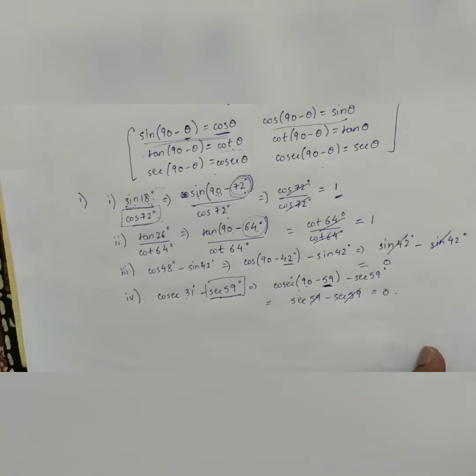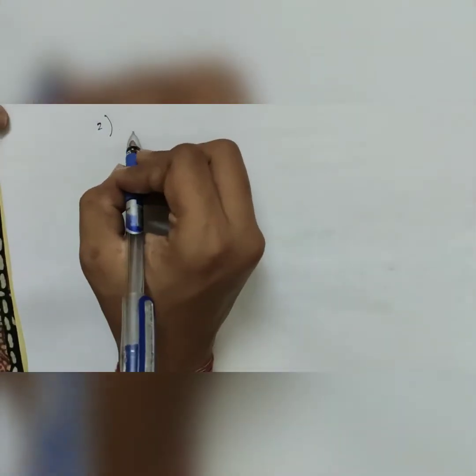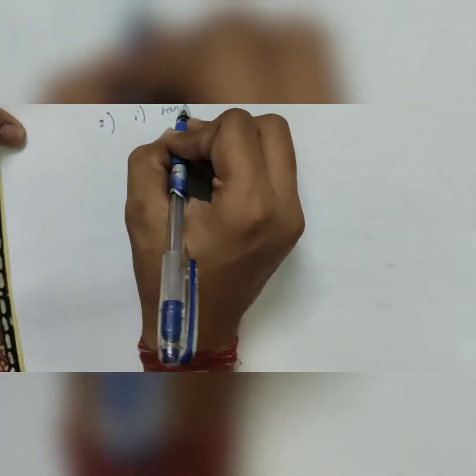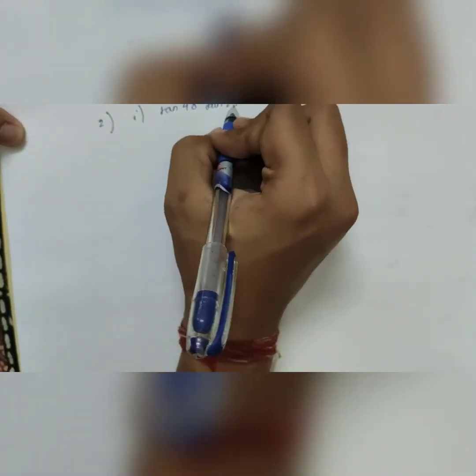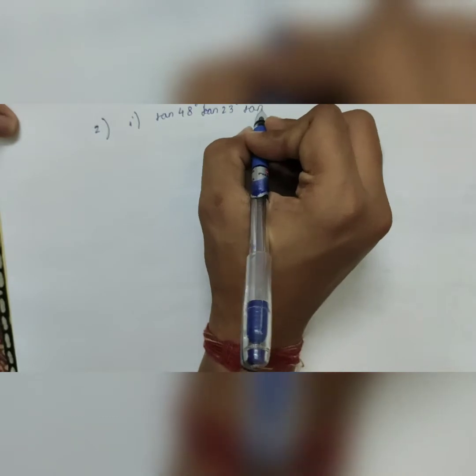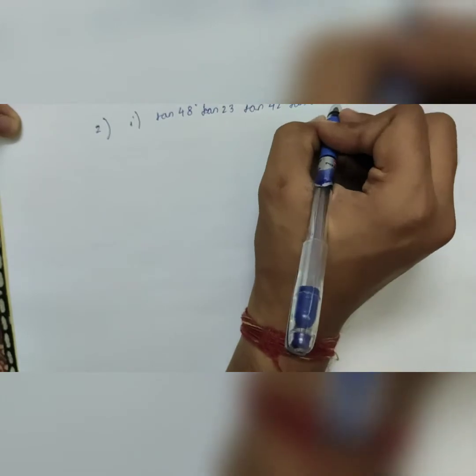So let's move on to the second question. The first part of the second question is tan 48 into tan 23 into tan 42 into tan 67, and you need to prove that it is equal to 1.